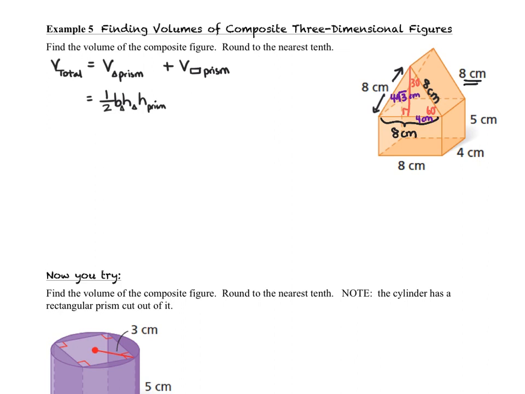So we have our perpendicular height. The base of the equilateral triangle is 8 centimeters, and the height is 4 root 3 centimeters. Then we multiply that by the height of the prism, which is 4 centimeters right here.